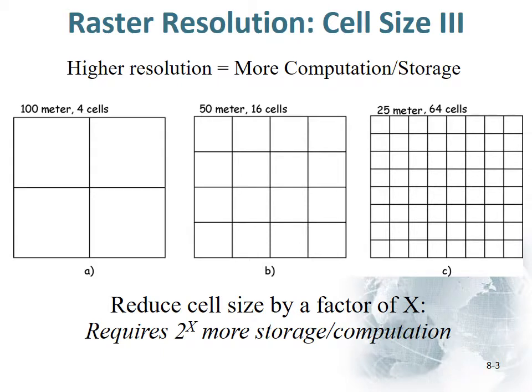So to drive this idea about storage home, here's a sample of 3 different grid cell sizes for the same study area. At the 100-meter resolution, we're looking at 4 cells describing that area. At the 50-meter resolution, it's 16 cells that describe that area, so we're getting more detail.